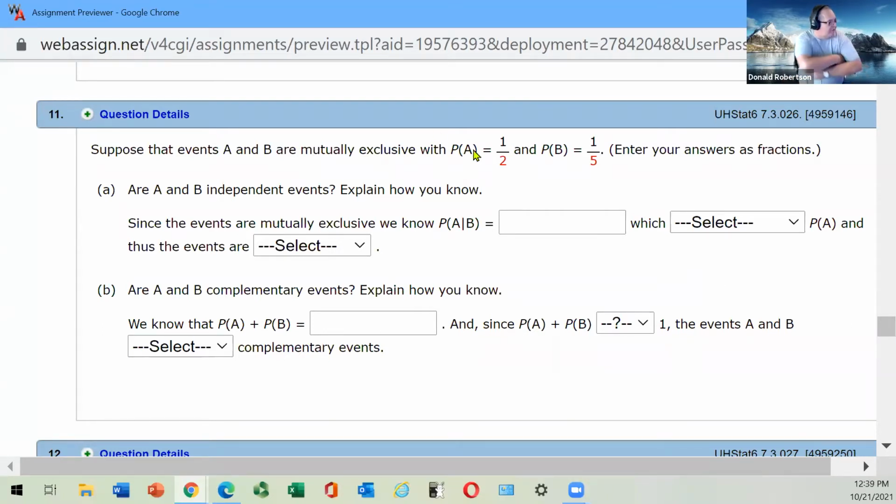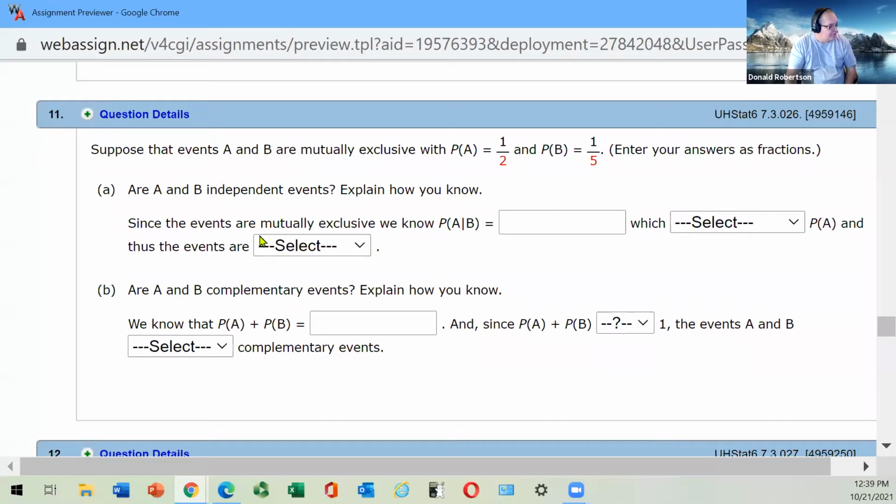Okay, question 11 then. Suppose A and B are mutually exclusive, and the probability of A is a half and the probability of B is a fifth. Are A and B independent events? And explain how you know.